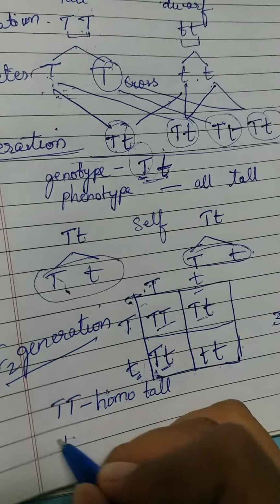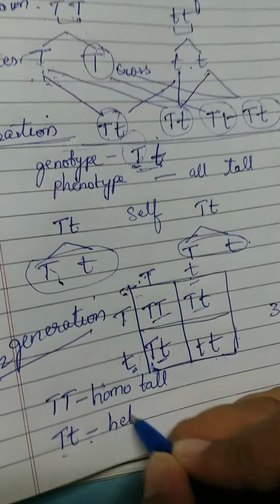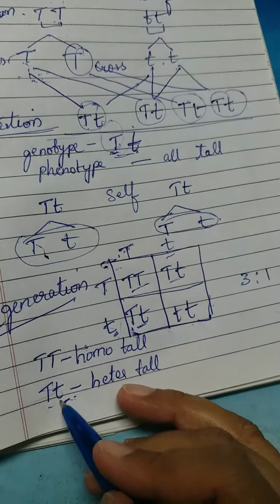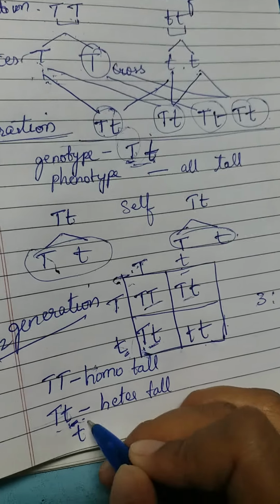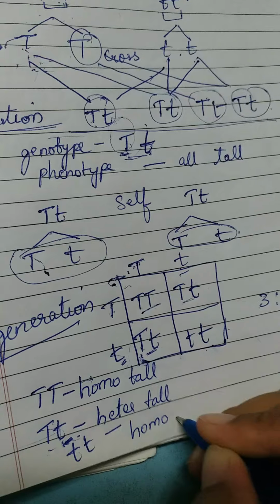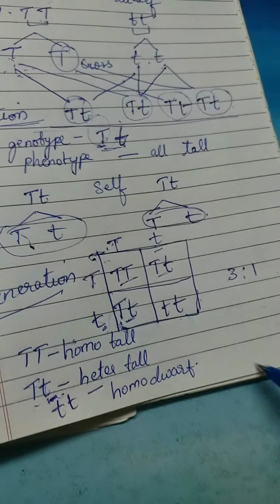Okay. Whereas capital T and small t, these are tall, but these are heterozygous tall because they have the recessive trait as the dwarfness. And one is small t, small t, that is homozygous dwarf. This is what the monohybrid cross is.